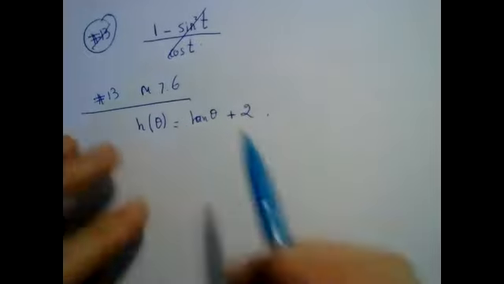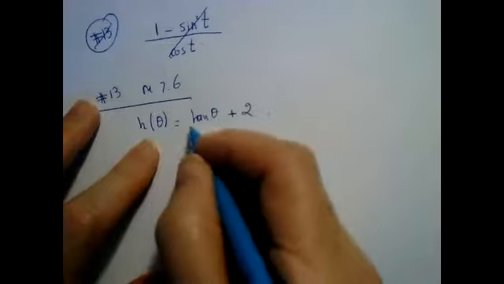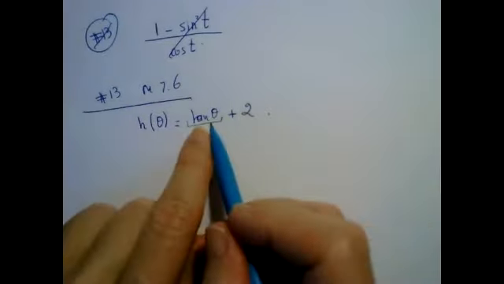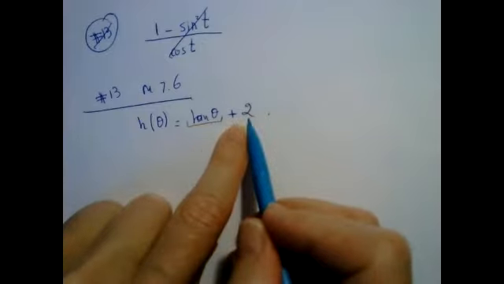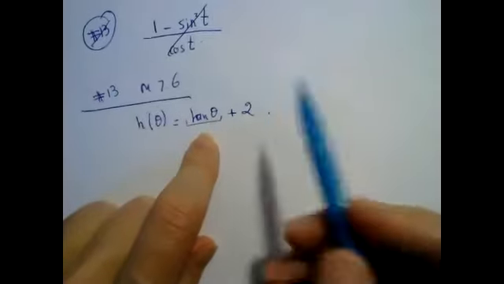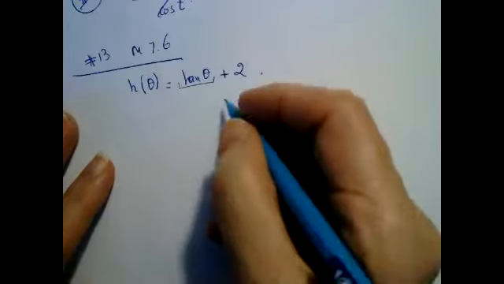So this is the tangent, and this new function is the tangent plus 2. It means you take the graph of tangent and shift it up by 2. Whatever tangent is, we're going to shift it up by 2. Let us recall how the graph of the tangent looks.